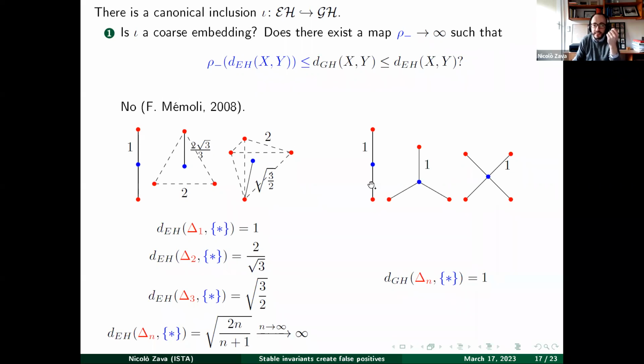You can send this triangle isometrically into a tree with path length, and the distance that can be achieved is actually 1. You can increase the number of branches to accommodate an n-dimensional simplex, obtaining the same Gromov-Hausdorff distance. Therefore, this map is not a coarse embedding.